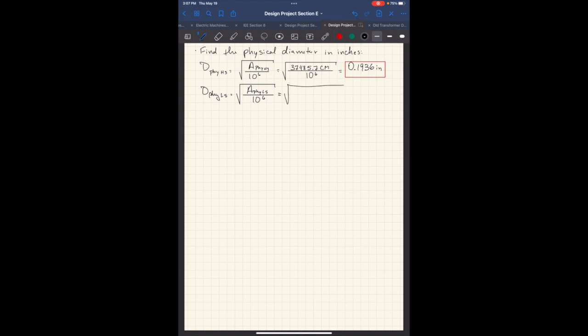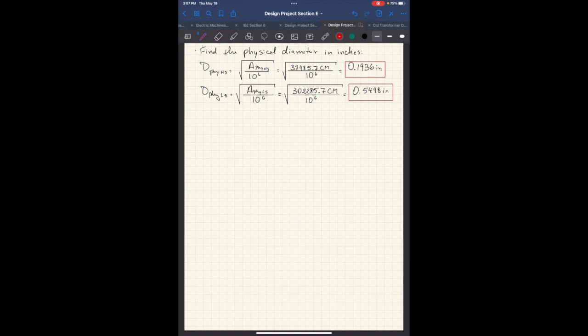The number was 302,285.7 circular mil. This is going to be 0.5498 inches. That's the physical diameter of the cable with insulation included.